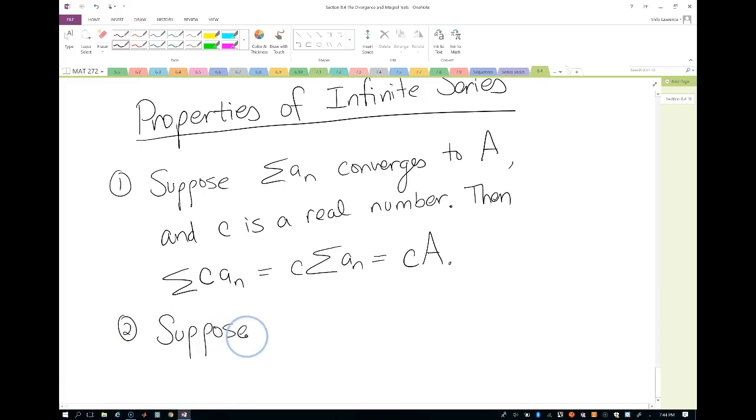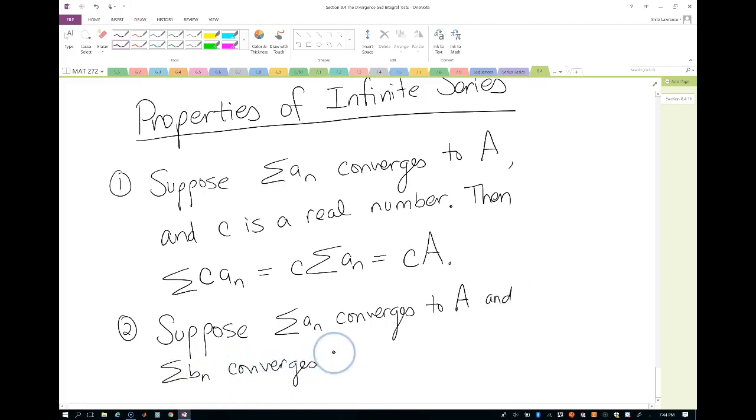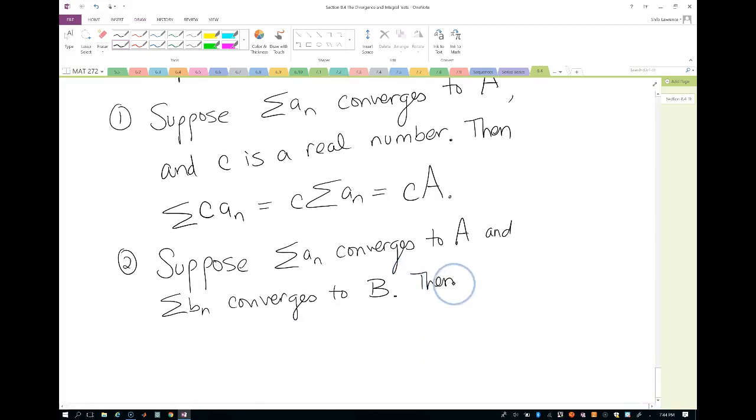This second property I have not used yet, but it may come in handy later. Suppose the sum of a sub n converges to a, and the sum of some sequence b sub n converges to b. So we know what these guys do separately. Then, if we were to take those two sequences and combine them, either with addition or subtraction, it would still be convergent, because we could technically separate them into their own separate sequences using the same operation between.